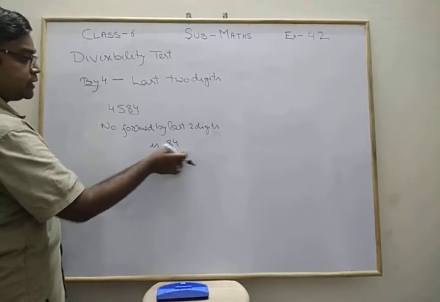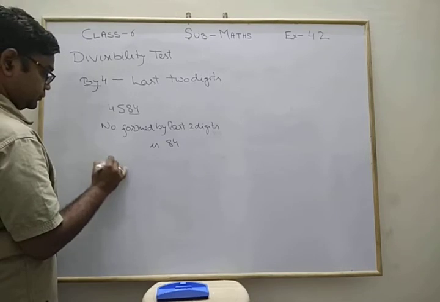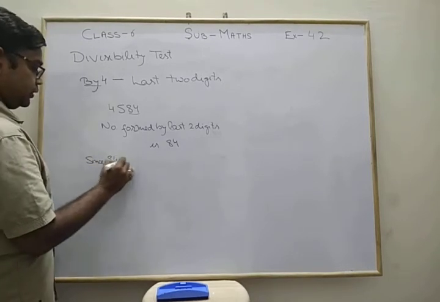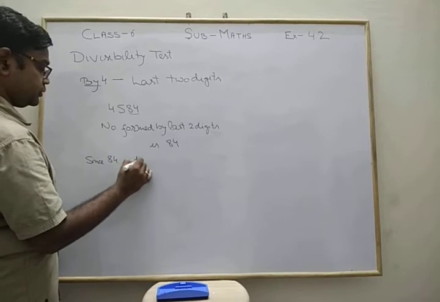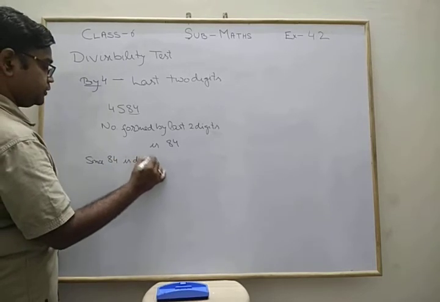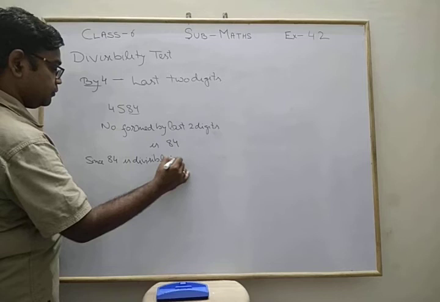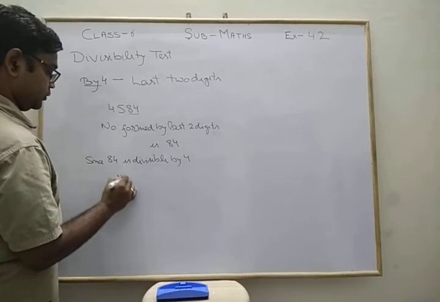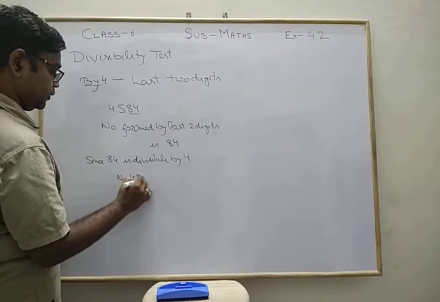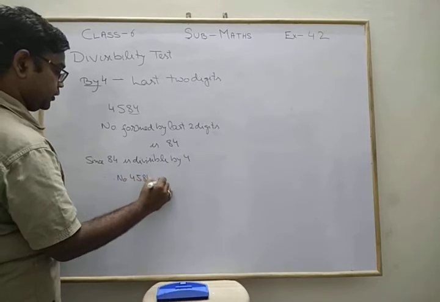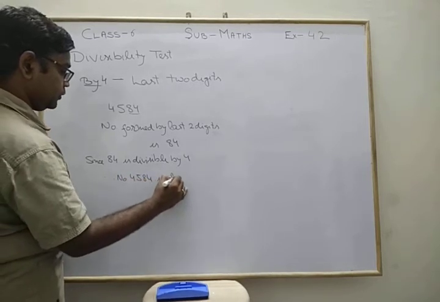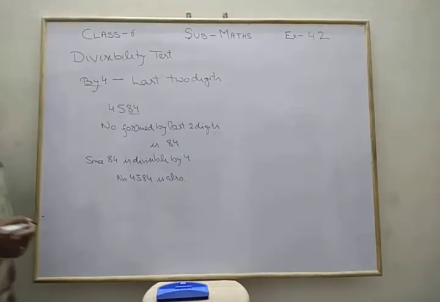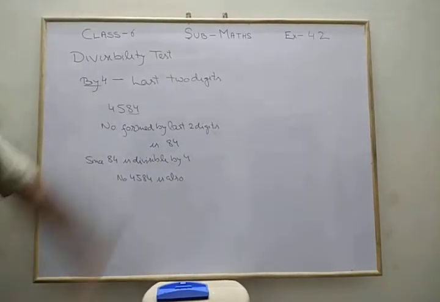Yes, in this case it's divisible. Since 84 is divisible by 4, therefore the number 4584 is also divisible. Now we will cross check it on the rough side.